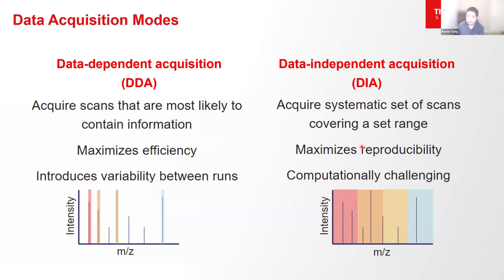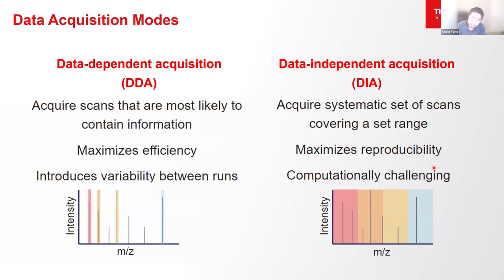And that gives you the maximized reproducibility. Because in DDA, if you have something that's lower in abundance in certain samples, you might not have the MS2 spectra for that precursor ion in that sample due to stochasticity. But this is not the case in DIA, right? So you have good reproducibility, especially when you have a large cohort to study.